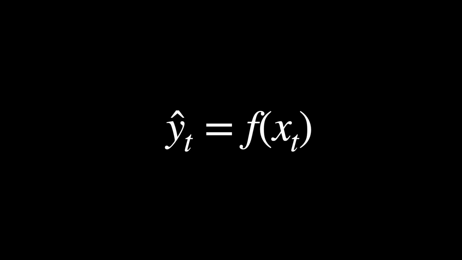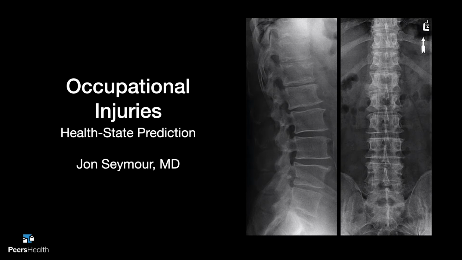I added some t's to the y and x, and voila, we have indexed everything over time, and now it's dynamic. The concept is relatively simple, but the actual execution is a little bit more complicated. We'll talk about a specific use case now, but I hope you can see why it is important that the models be dynamic.